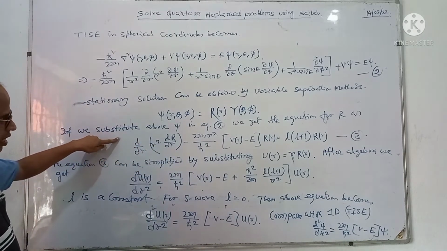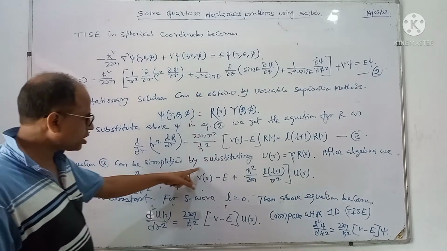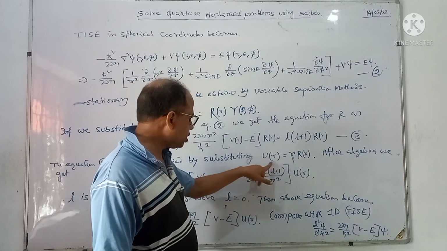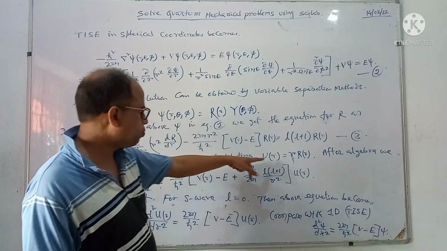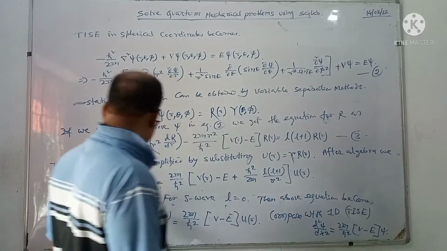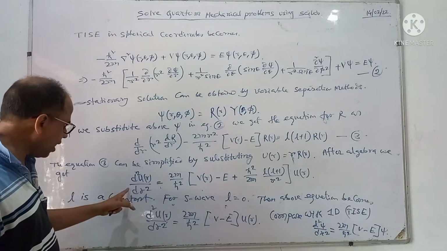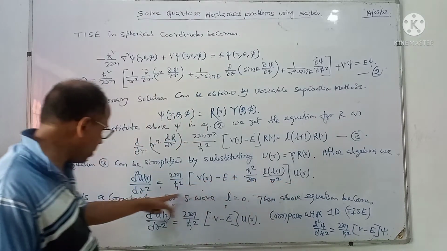To make it attractive, first of all, I will substitute u(r) is equal to r into R(r). If you substitute this, then after algebra you will get this equation. This equation is very much simplified.